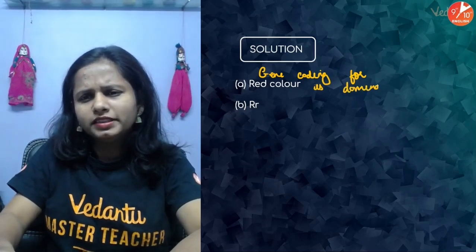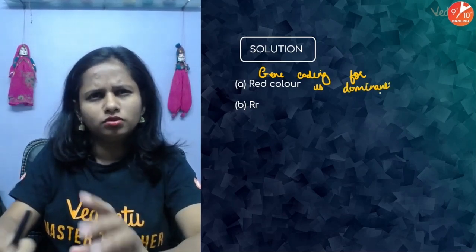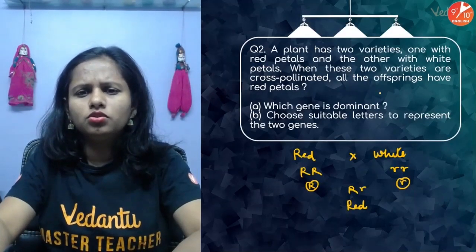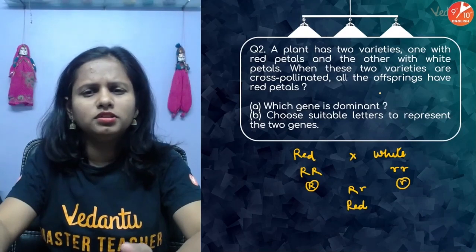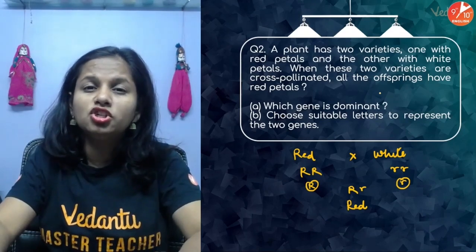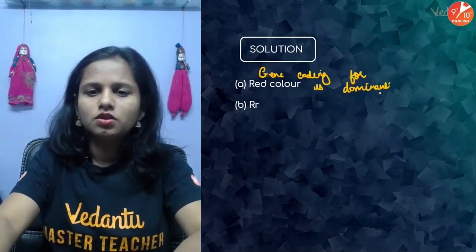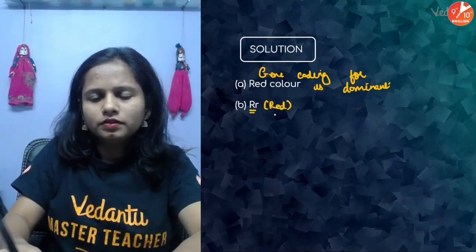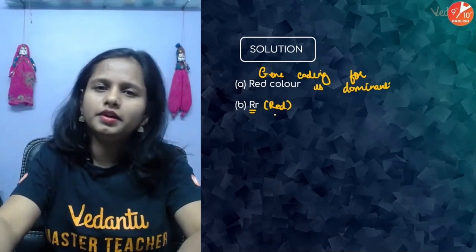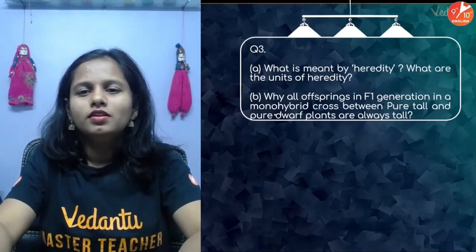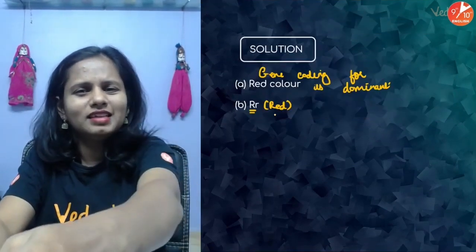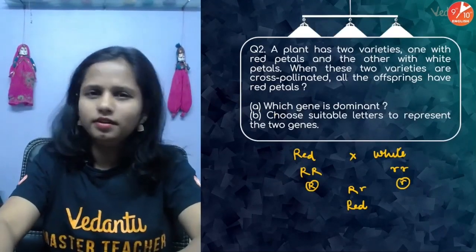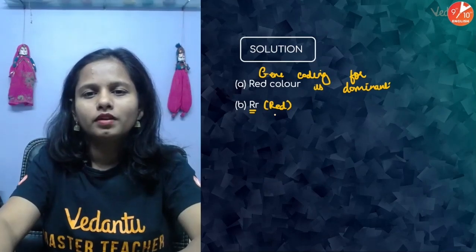Write it down in complete sentences, don't be confused. Write it out properly, okay? Then choose the suitable letter to represent the 2 genes, basically to represent the genotype of the F1 individuals. So it is capital R, small r, red. Mention it. And instead of writing these answers like this, it would be great if you mentioned it this way.